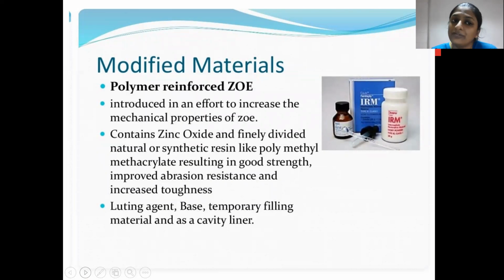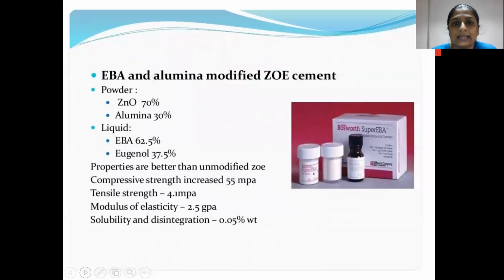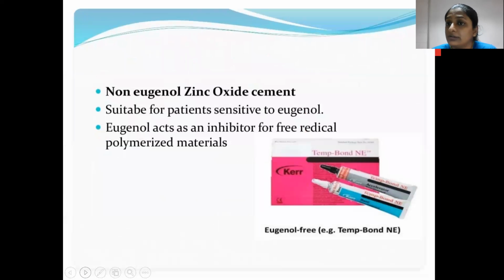Like I said, there are some modifications of zinc oxide eugenol, which is polymer reinforced zinc oxide eugenol, which was an attempt to improve the properties of zinc oxide eugenol. And you have the EBA or alumina modified zinc oxide eugenol cement, and non-eugenol cements are also there, which can be used for patients who have allergy to eugenol. So that is all.